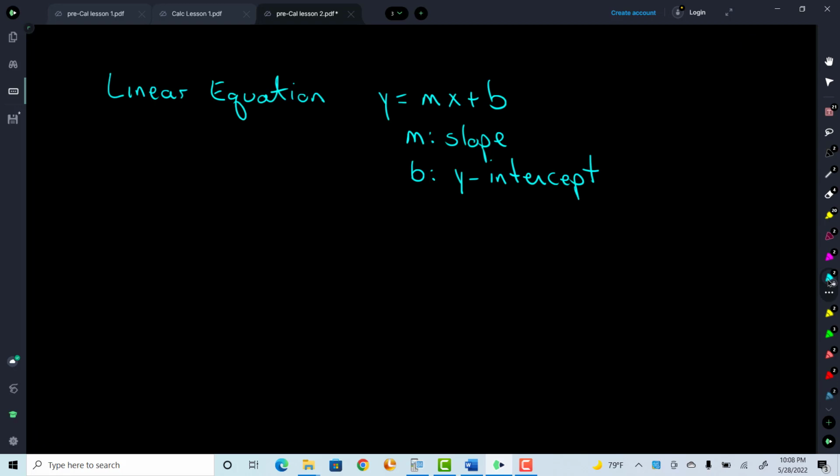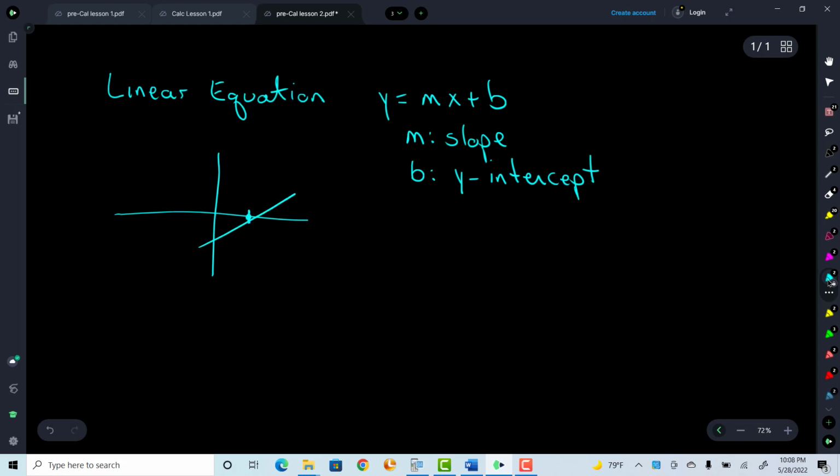Okay, when we talk about the solution to an equation, we're referring to the place where the graph crosses the x-axis. That's what we refer to as the solution to the equation. So one way that we can find the solution to the equation is by setting it equal to 0.